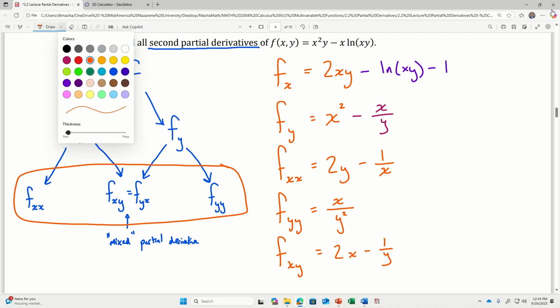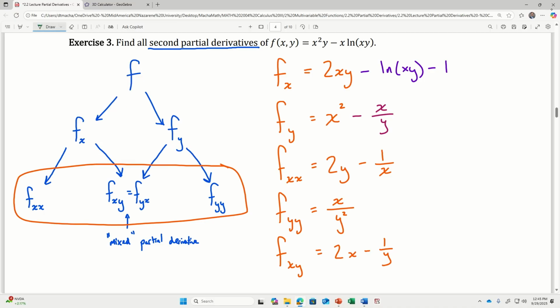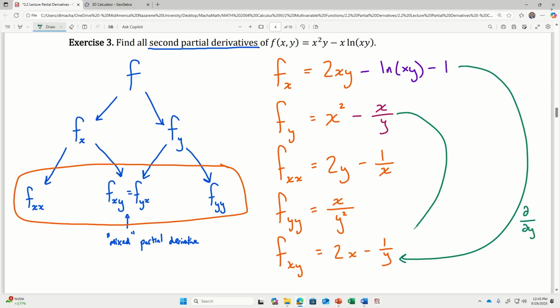And everybody needs to appreciate how you could start from here and take the partial with respect to y, or you could start from here and take the partial with respect to x. But in your brain, I want you to double check this and make sure that it works, regardless of how you attack it.